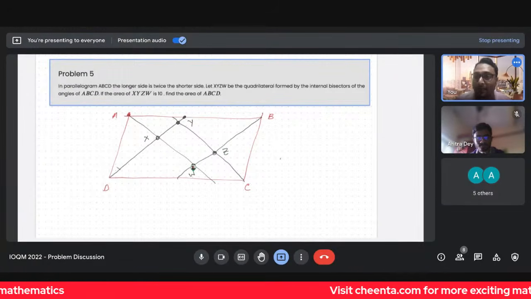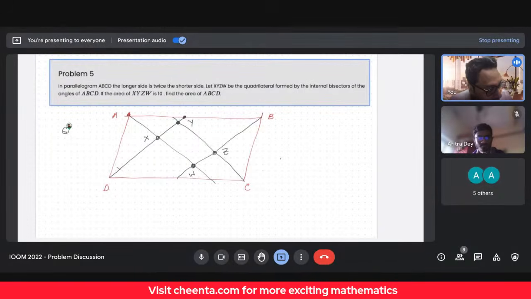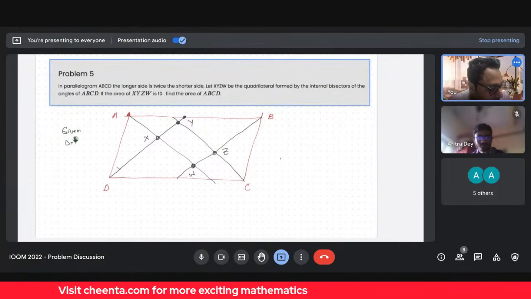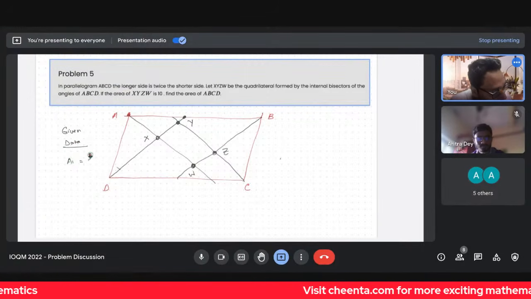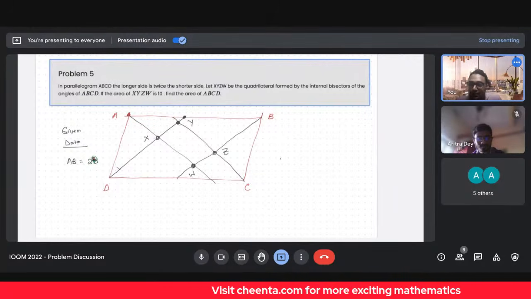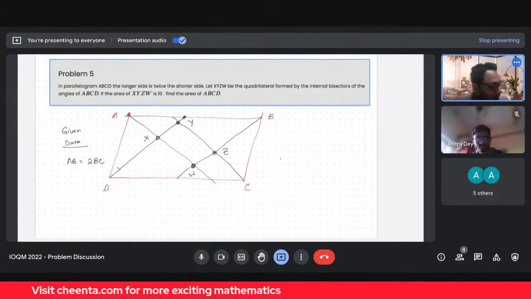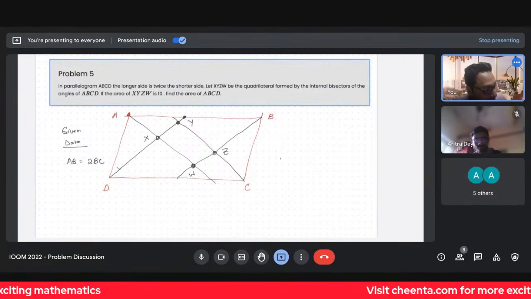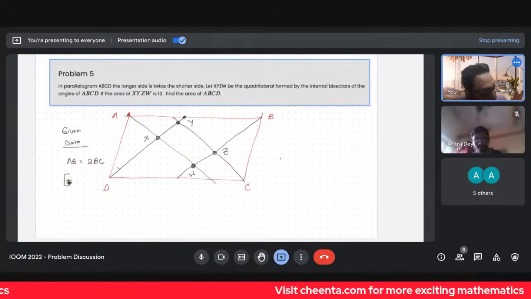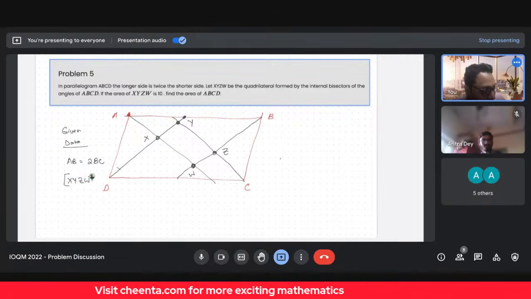Okay. Now, what is the given data? Given data is that AB is 2 times BC. It's the first thing. And it's also given that the area of XYZW is 10.